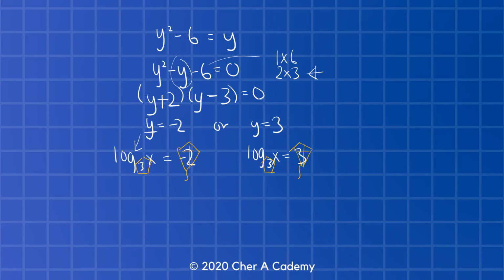So putting it to index form, my base at the bottom, my index at the top equals x. So my x is equal to 1 over 3 squared, which is 1 over 9. Or my x is equal to 3 times 3 times 3, which is 27.